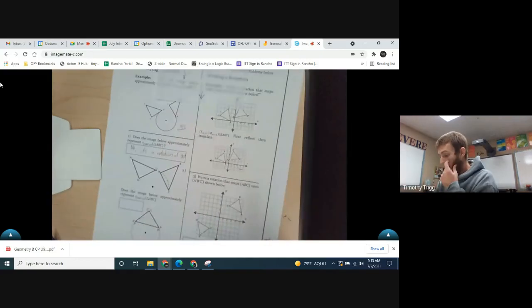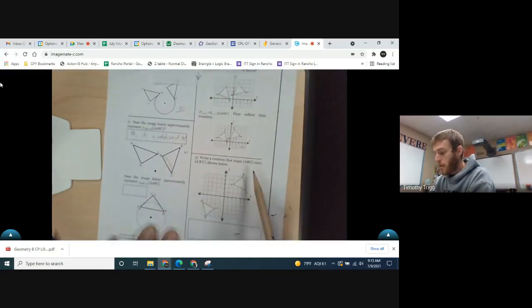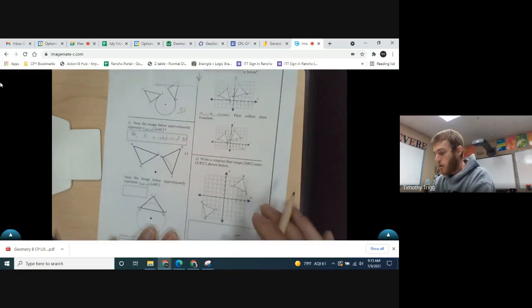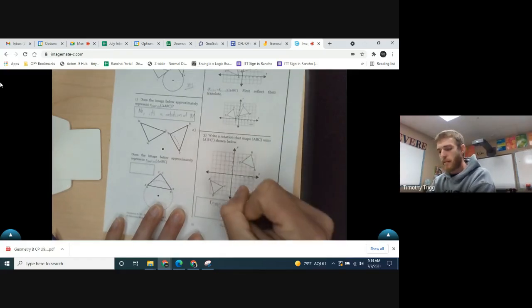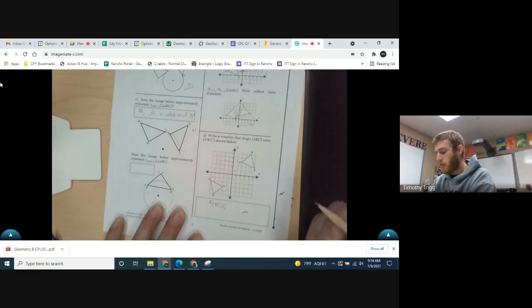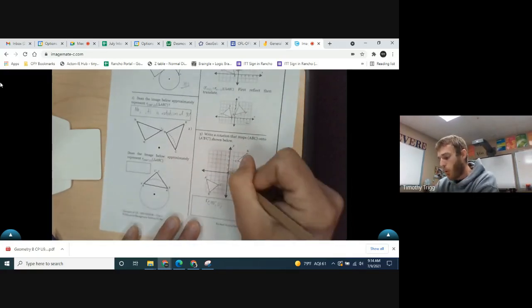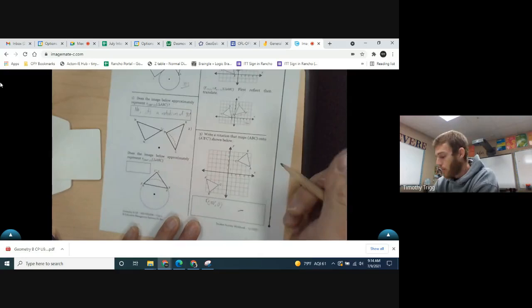So then it says write a rotation that maps ABC onto A prime, B prime, C prime. So we would write R, lowercase r, for rotation. And how many degrees did we rotate? 180 degrees around. And if we're rotating around 0, 0, a lot of times we just put the letter O because O represents the origin, which is 0, 0.